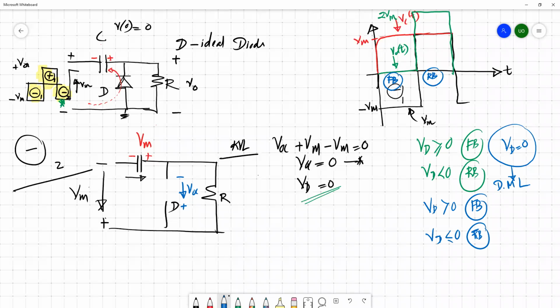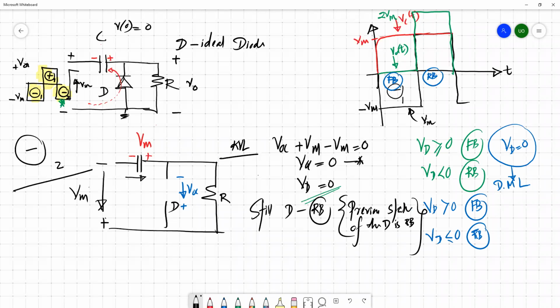So then still we can claim that D is reverse bias, because of the previous state of the diode.